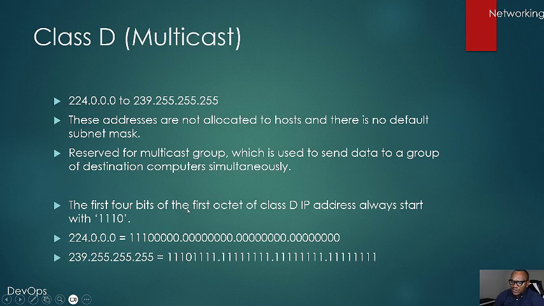So the first 4 bits of the first octet of a Class D IP address always start with 1110. See 224, if you convert it, 1110, and 239 also starts with 1110. And that's why those bits are reserved and used for identification.